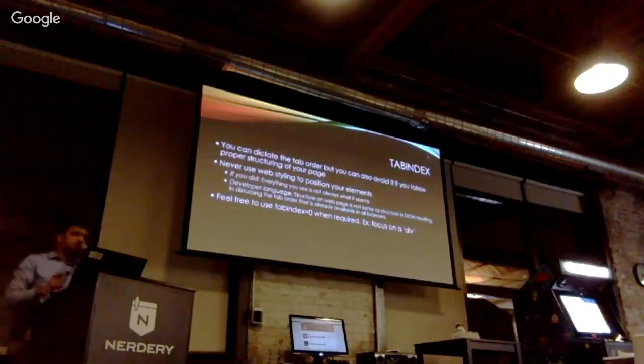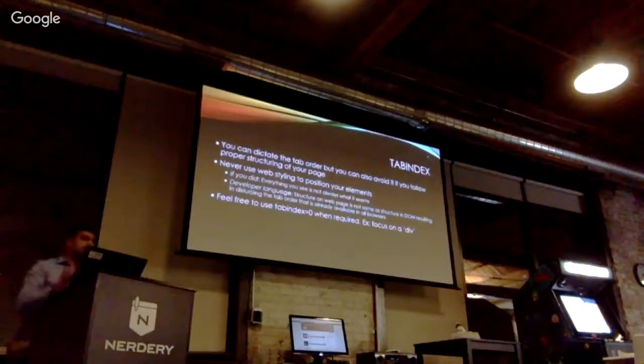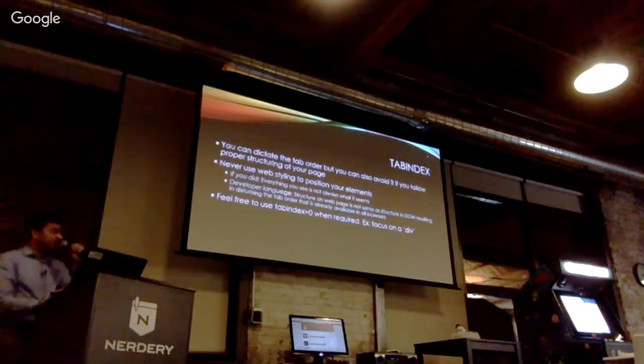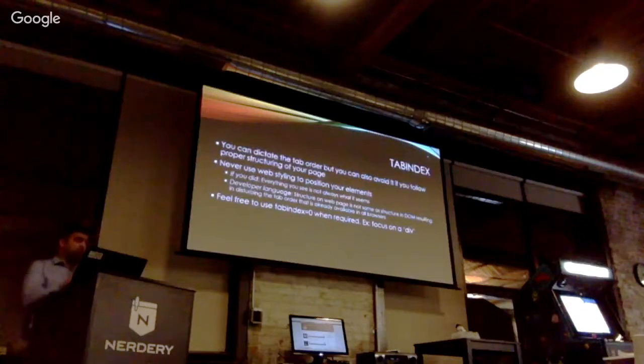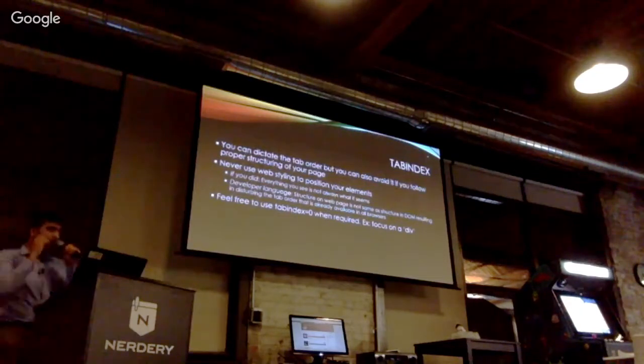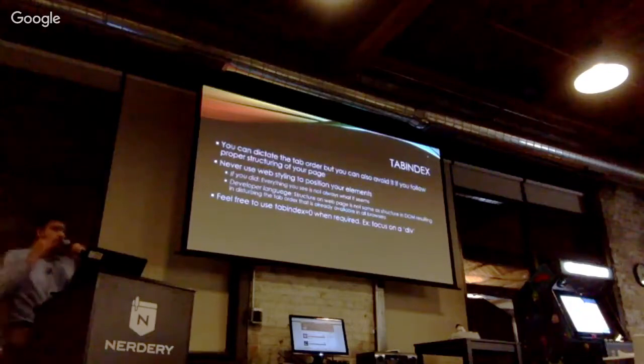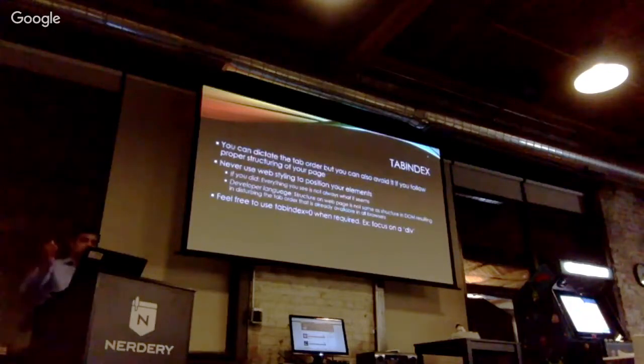Web styling, as in CSS. Most of you are familiar, I'm assuming. If you use CSS to position the elements, then whatever you see on the page is not what it actually is in the background. Whatever you see on the page is not what is actually coded there, because you use CSS.